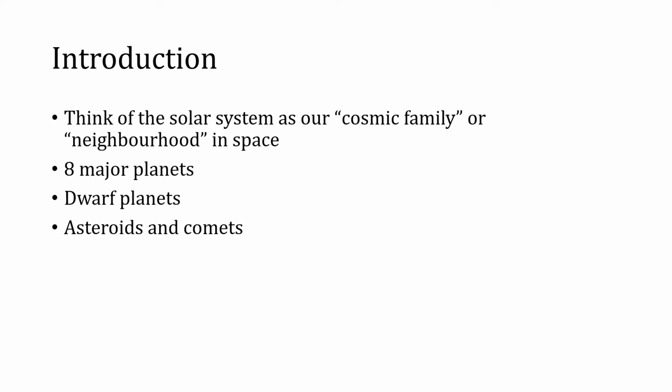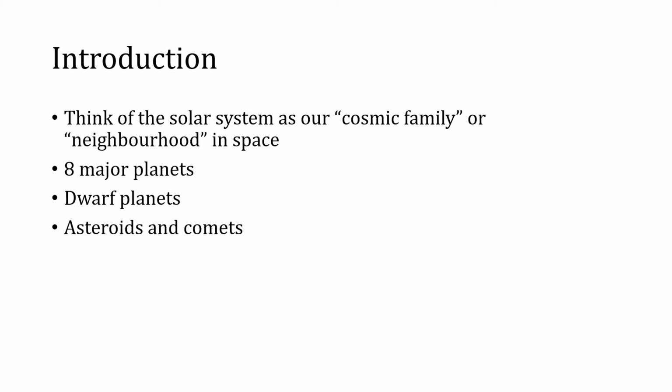Instead, I want to talk about some of the highlights of the solar system, and then in a future lesson, if you are interested, or if I feel it's necessary, I can make another video that deals with more of the numbers to give you more of a feel of what exactly we're talking about in this unit.